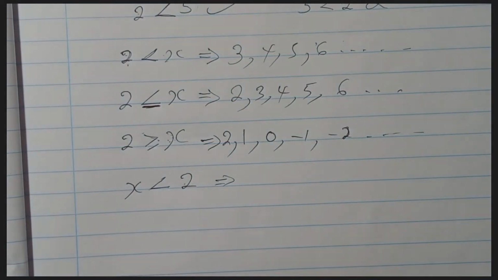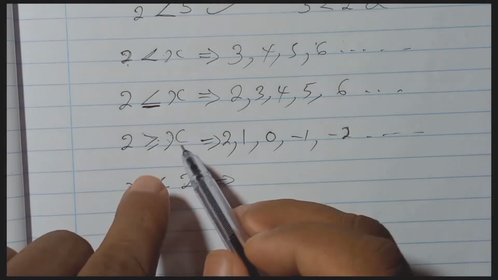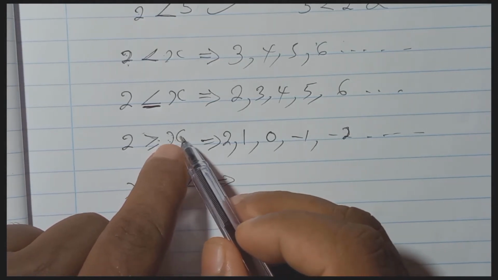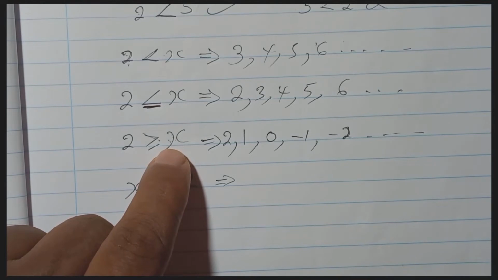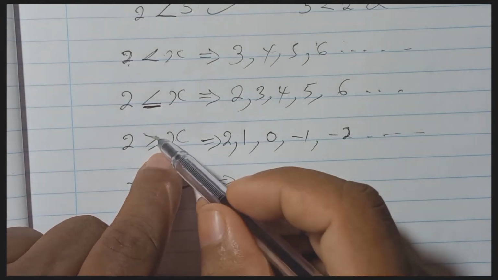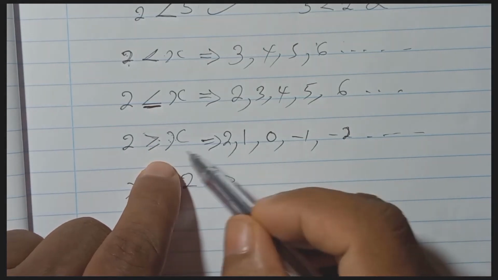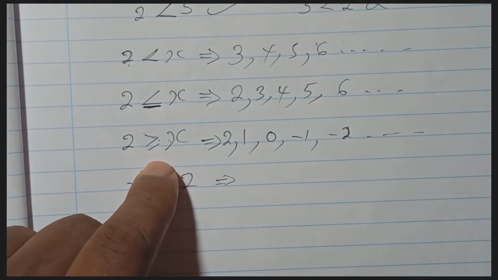When you say it this way but can't get the idea, think of it with the unknown letter, then it's easy. x should be, that means these unknown values, what are the answers? Your answers must be less than or equal to 2, like that. Think, and then you can get that these unknown values must be less than 2.